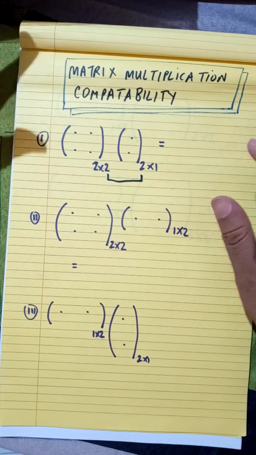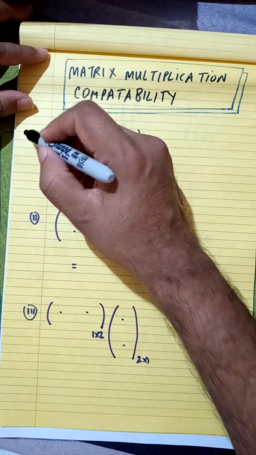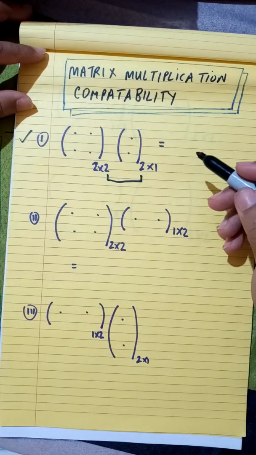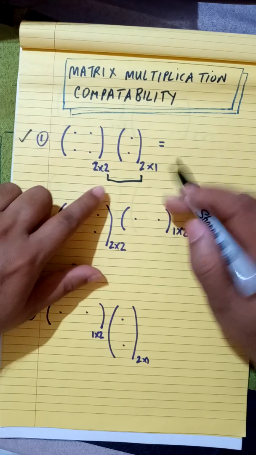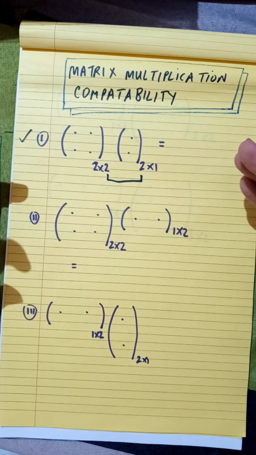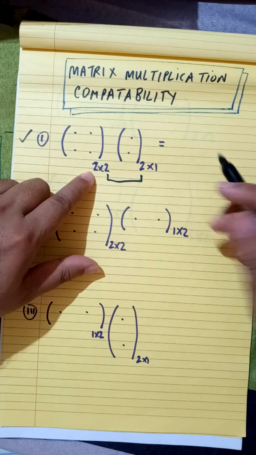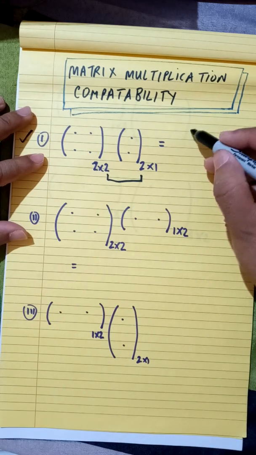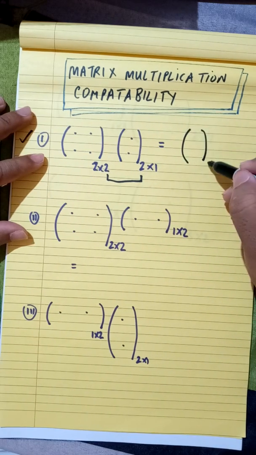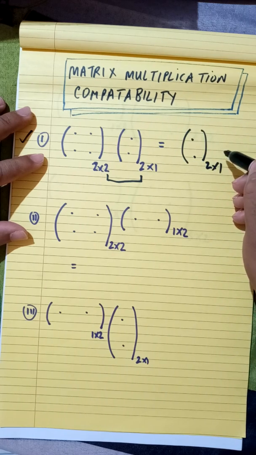So number 1 is compatible. Now, the remaining numbers, the 2 and the 1, tell you what type of matrix we're going to get, or what the outcome will be. So the outcome is going to be a 2 by 1 matrix. A 2 by 1 matrix would be just like this: 2 rows and 1 column.